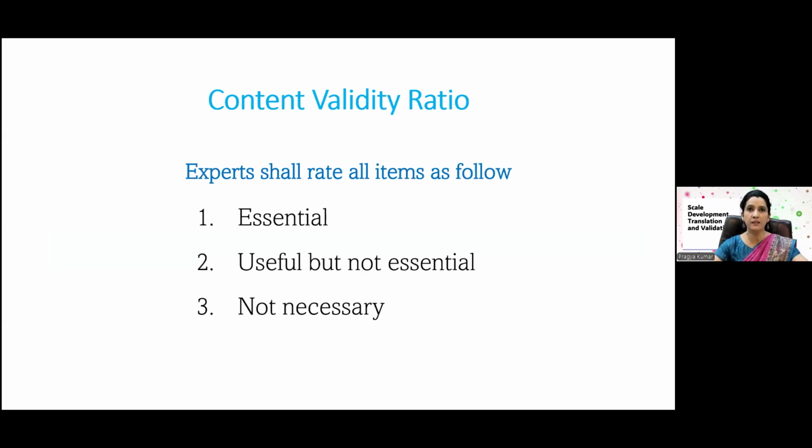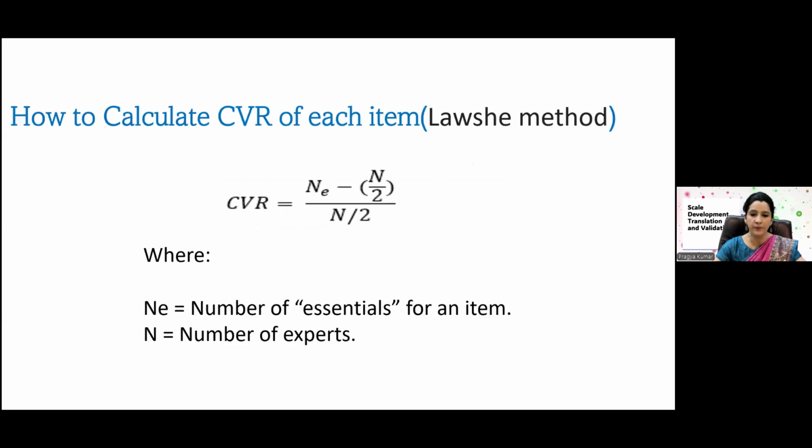This is another method, the content validity ratio, where experts rate the item as essential, useful, and not necessary. So you only take the essential items in this. And there is Lawshe's method of calculating this content validity ratio, where you take the number of essential items, essential meaning those people who have rated it as essential, minus n by 2, where n is the number of experts.